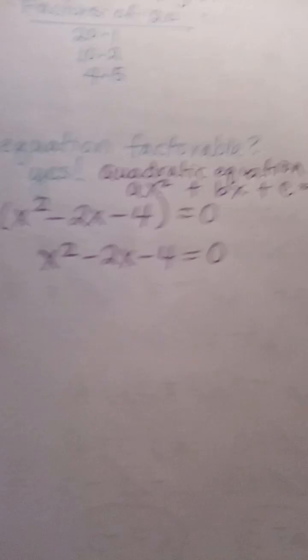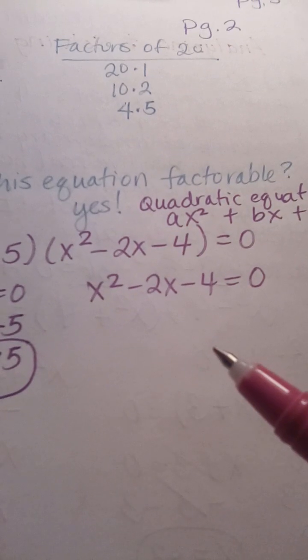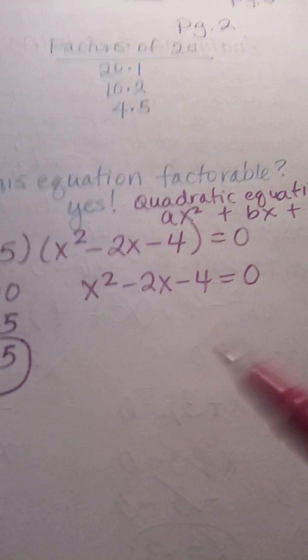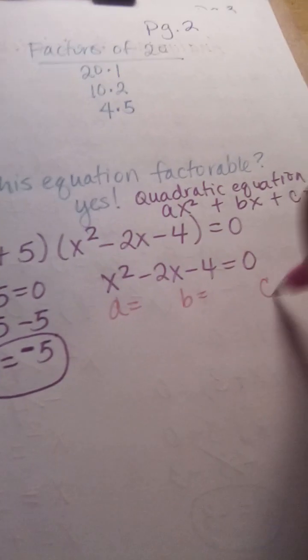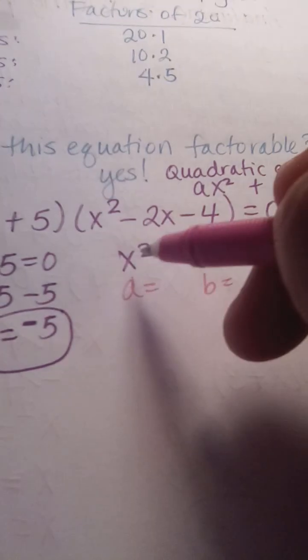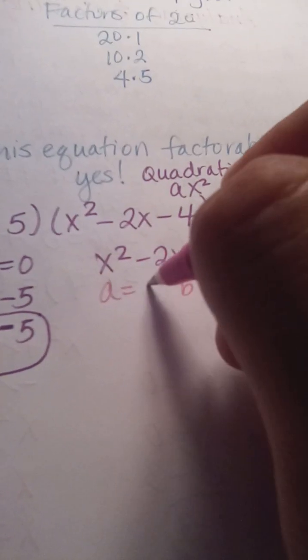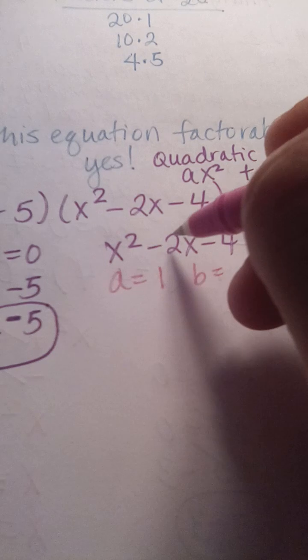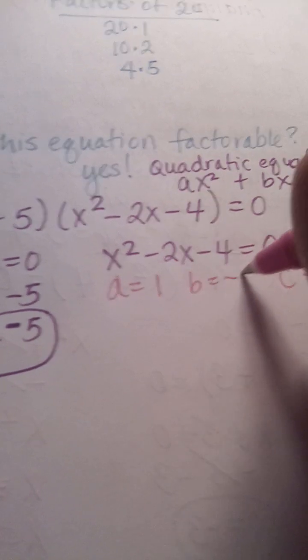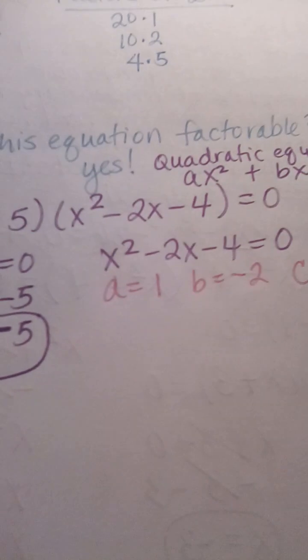All right, let's label it. Any questions on this? Okay, let's label it. A, B, and C. A is 1. B, the second term, is -2. C equals -4. All right, we have our ABCs. Now we can use the quadratic formula.